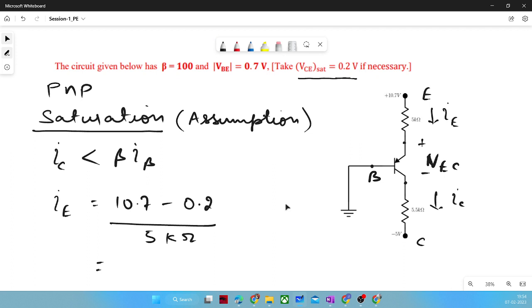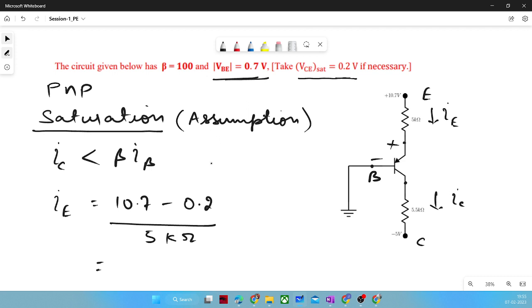Sorry, I think I made some mistake. Sorry, it is a PNP transistor, so it is easy to get confused. Here, this is VE and VB, so VBE we have to consider here.